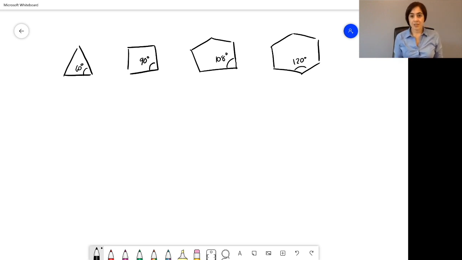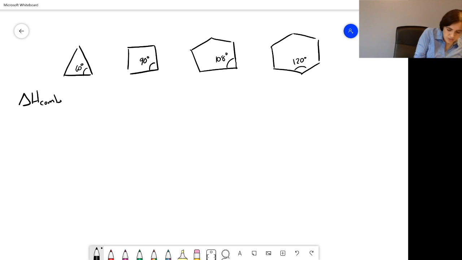And we can assess this through heats of combustion. So we'll go back to John Sorensen's video on alkanes if you need a refresher on heats of combustion. But if we look at the heats of combustion for these molecules, these are in kilojoules per mole.